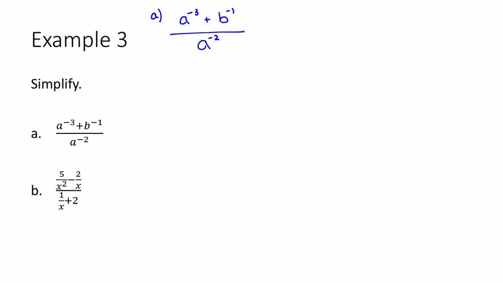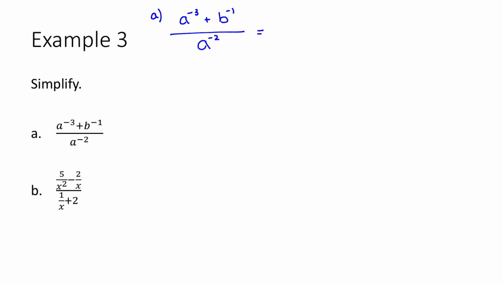And so you have to be careful here. I can't move this a to the negative 3 to the denominator because it's a term, not a factor. I can move factors around, but I can't move terms around. So that a to the negative 2, I could move to the top if I wanted to. I'm not going to, and you'll see why.